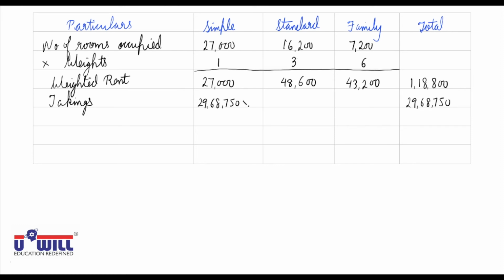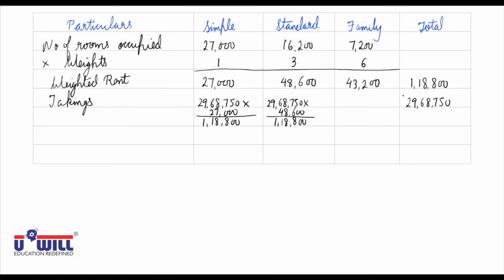2968,750 into 27,000 divided by 1,18,800. Same way, 2968,750 multiplied by 48,600, then divided by 118,800.